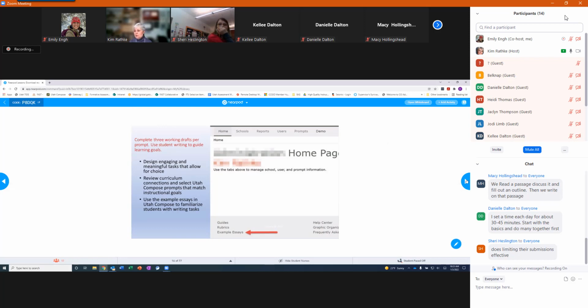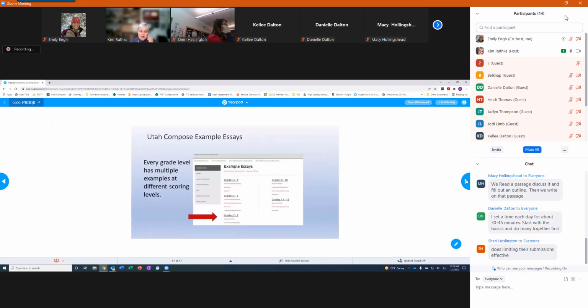You see everything from grades 3 through 11, 12, so you can determine grade level by looking at some of those, and so can students. The example essays are grade banded, like 3, 4, 5, 6, 7, 8, and you can use them as examples without worrying that you're sharing writing or releasing personal student information. It's a really effective way to look at them.